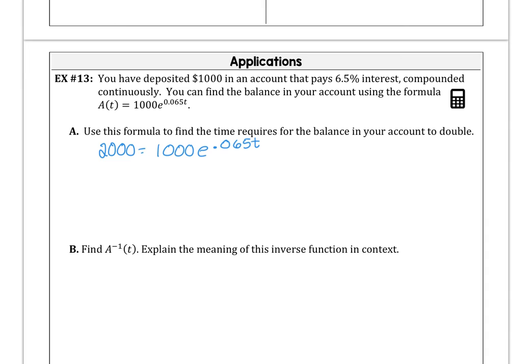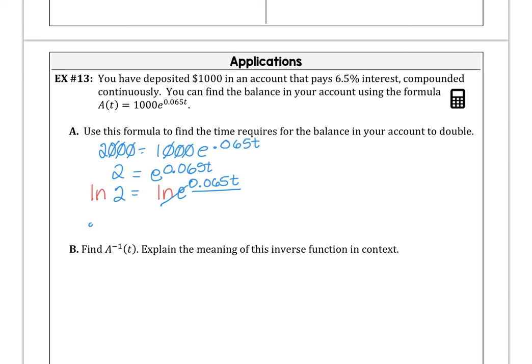2000 is 1000 e to the 0.065 t. If we divide by 1000, then 2 is e to the 0.065 t. Take the natural log of the left and the right. The natural log of 2 is the natural log of e to the 0.065 t. This exponent comes out as a factor in the front.